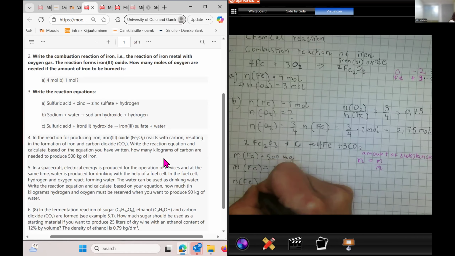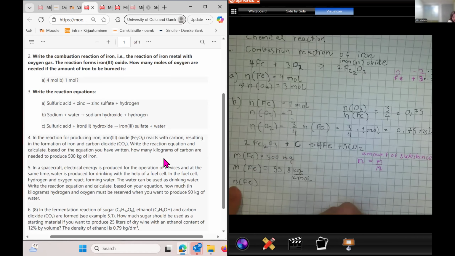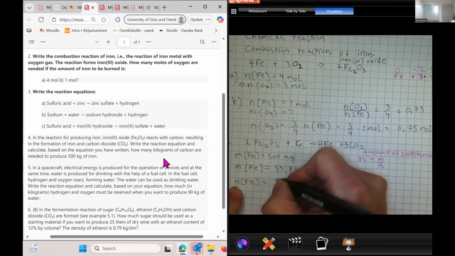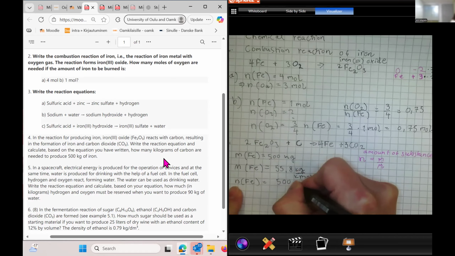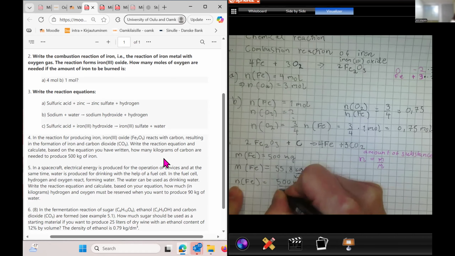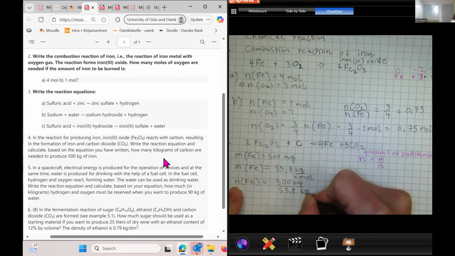Yes, good. So now I know the amount of substance for the iron, which was marked by the n, which was mass divided by molar mass, which is 500 kilograms divided by 55.8 kilograms per kilomole.